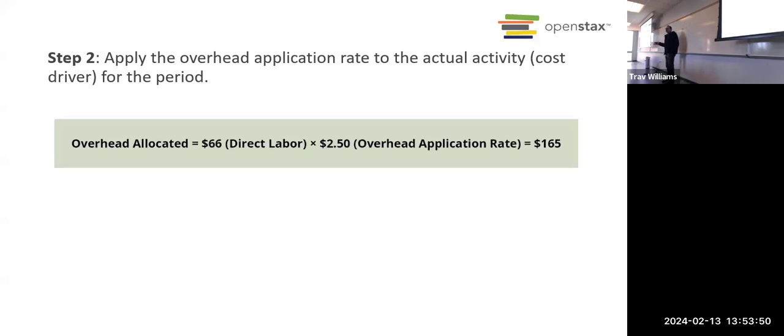Now, at the end of the year, we can see how much actual overhead we have for the entire manufacturing department. And we can make adjustments to our overall numbers. We don't go back and revise individual jobs, but at least we can make an adjustment on the overall estimate that we applied for overhead.